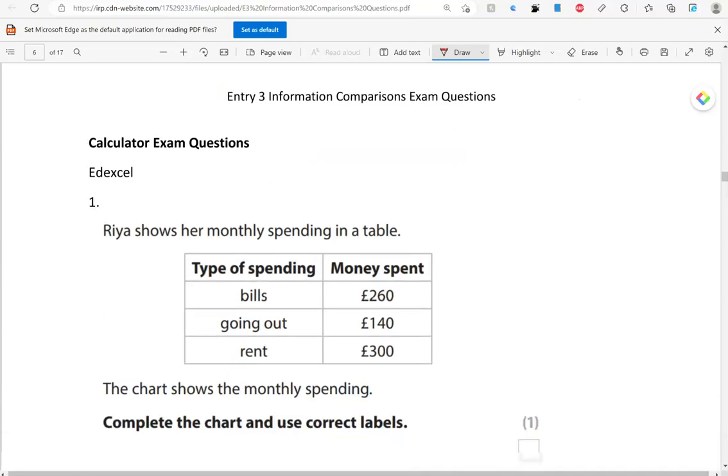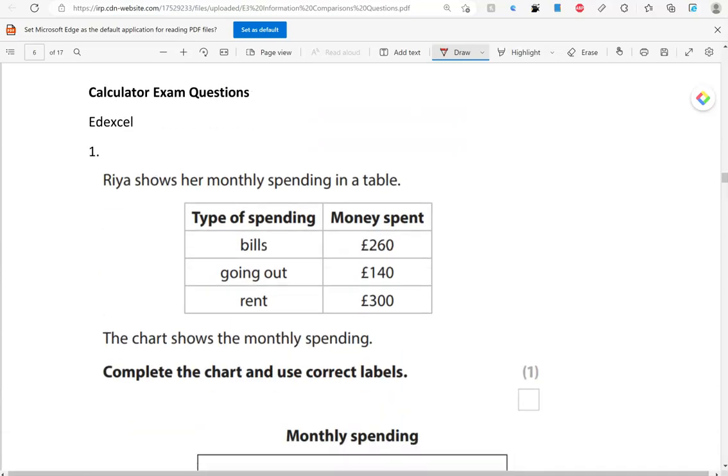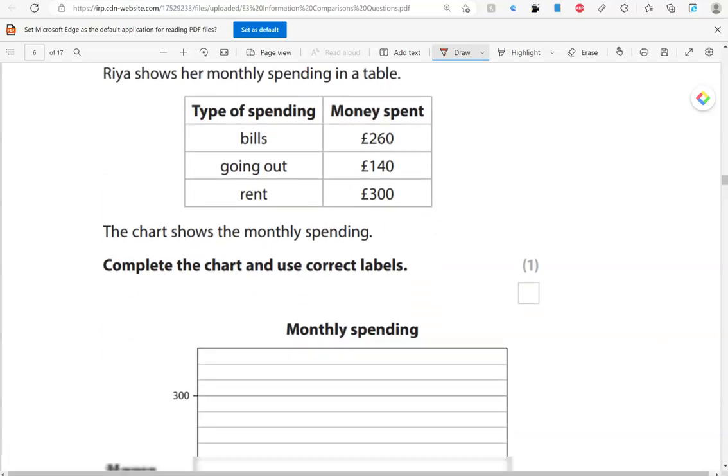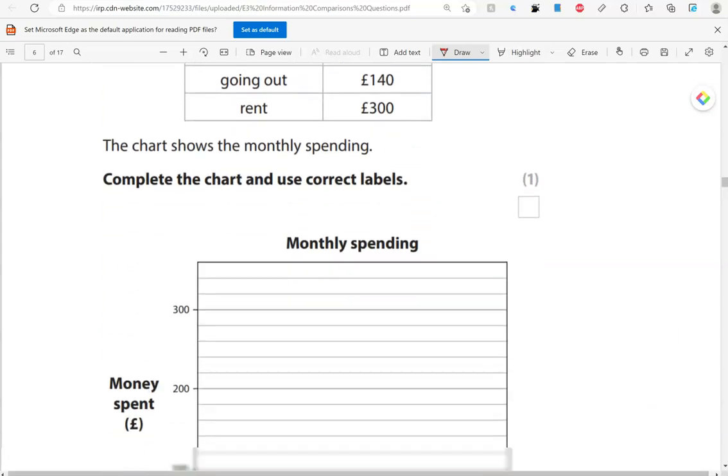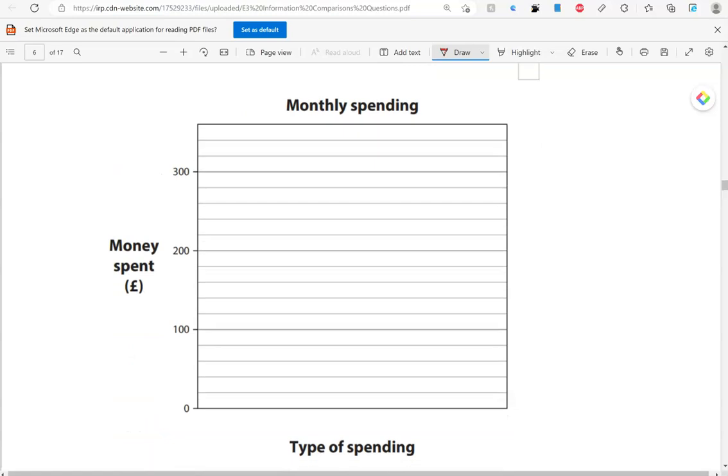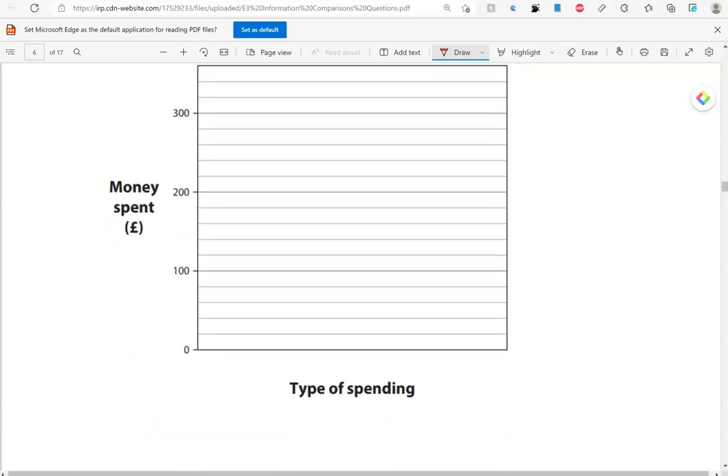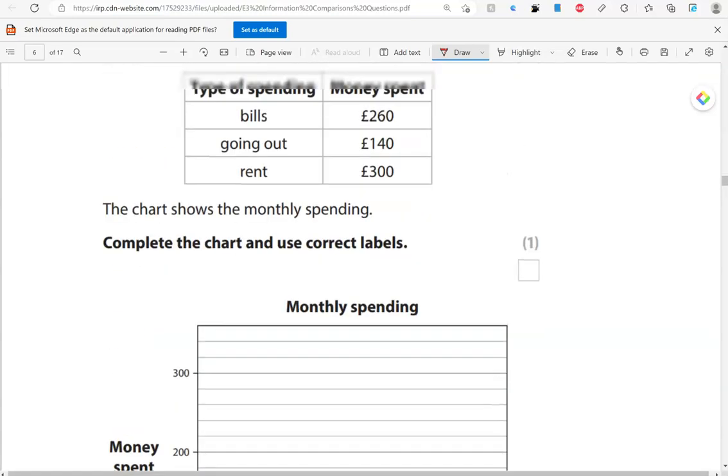We now move into the calculated questions. Ria shows her monthly spending in a table. The chart shows the monthly spending. Complete the chart and use correct labels. So we've got bills, money spent £260.